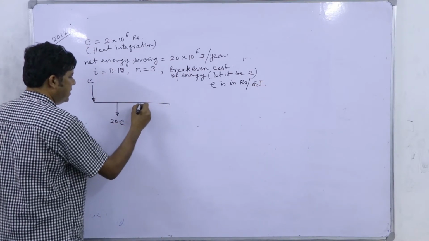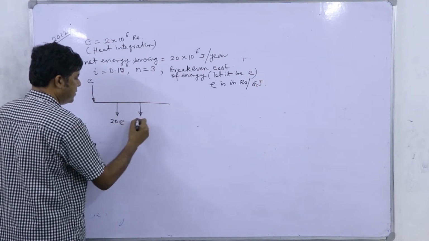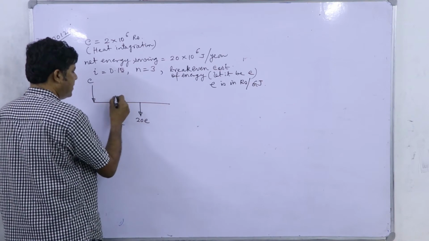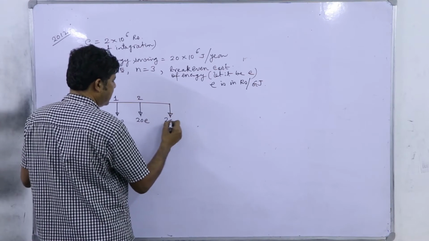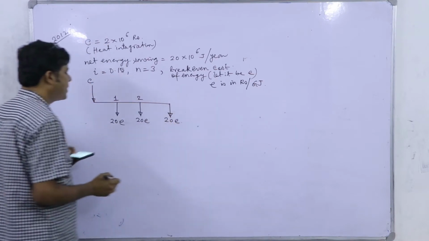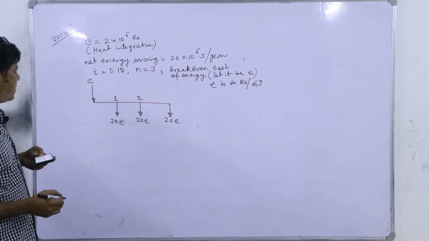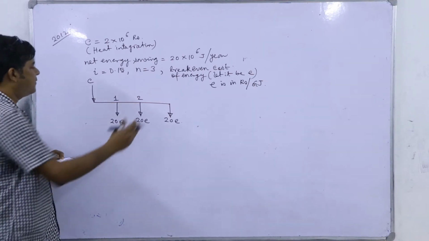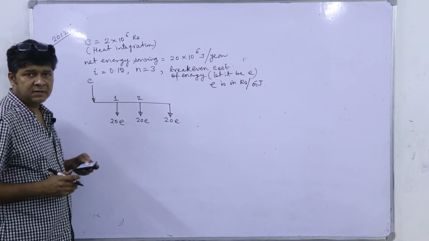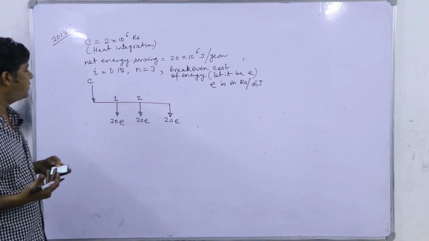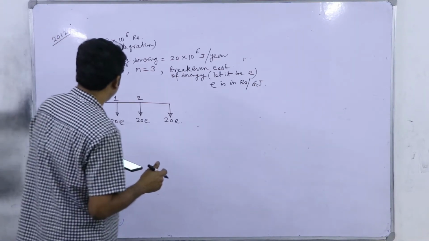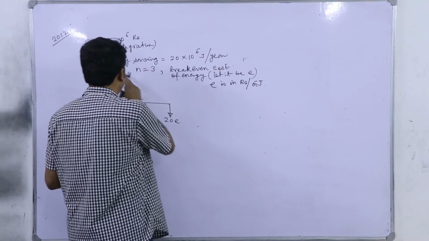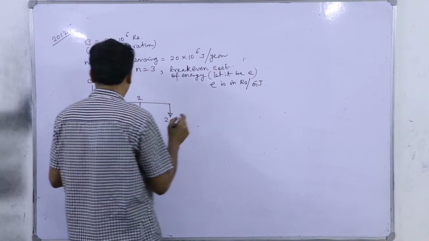So, 20E at the end of first year, at the end of second year, and at the end of third year another 20E. Right. So, we have to project it to the present. So, it is a problem of net present worth set equal to 0.